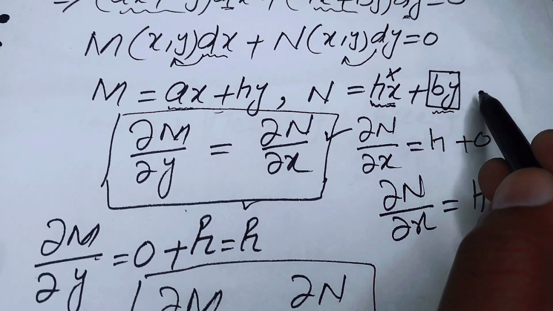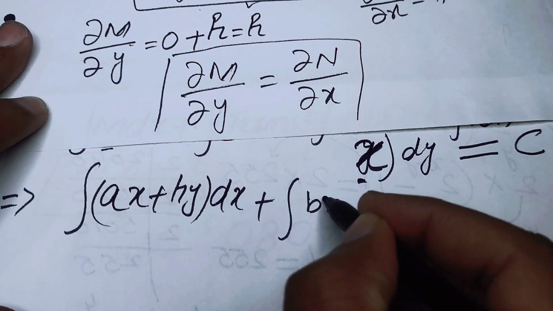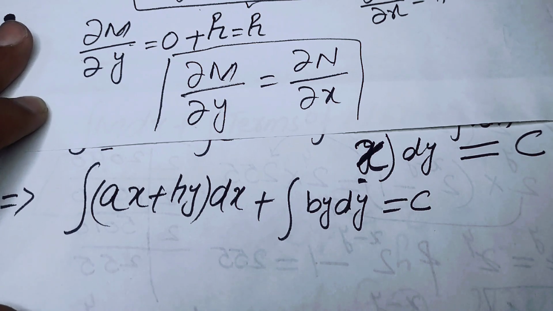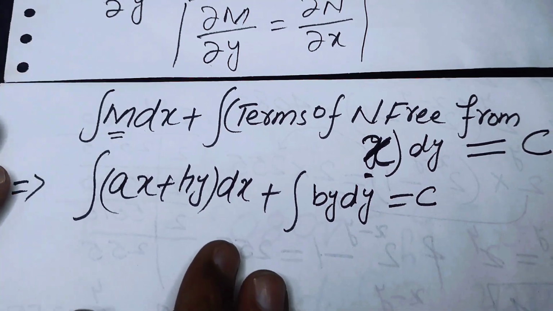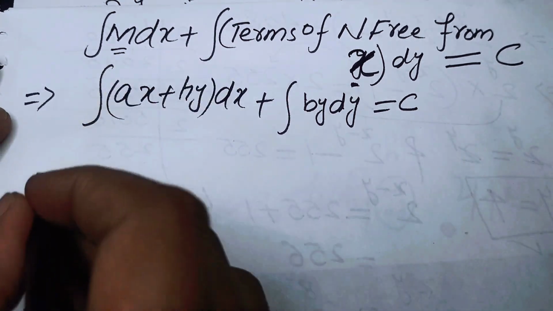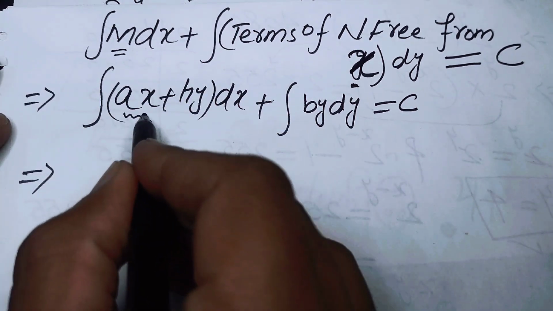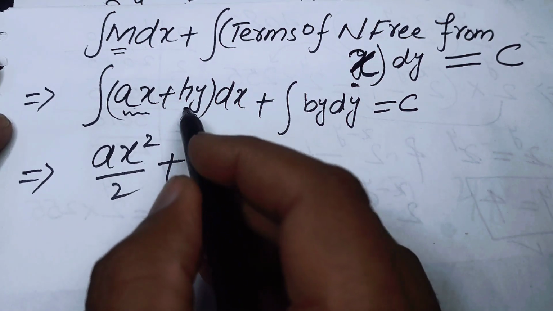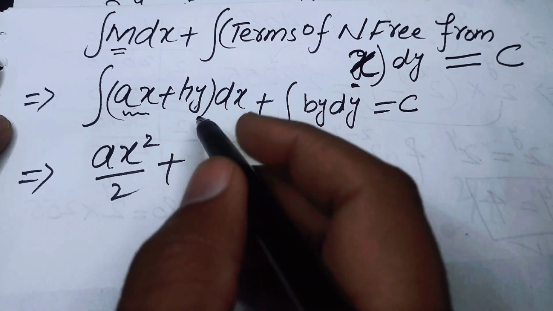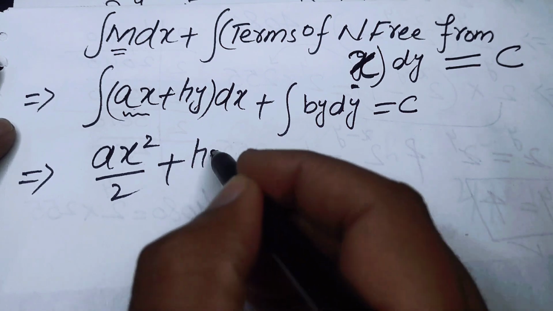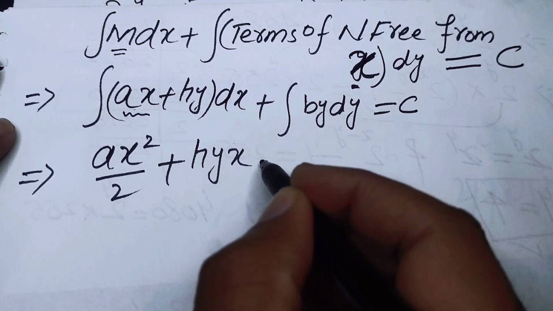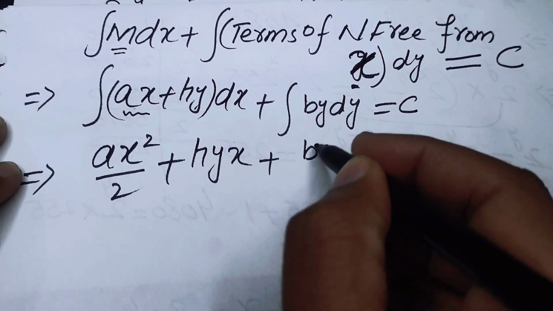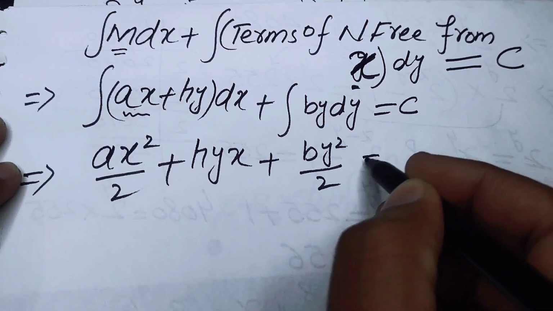So here we write the integral of by dy is equal to c, and now we integrate. The integral of ax becomes ax squared over 2, and the integral of hy, here hy is constant with respect to x, becomes hyx, plus the integration of by is by squared over 2, is equal to c.